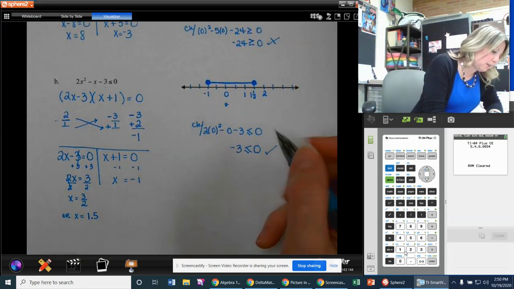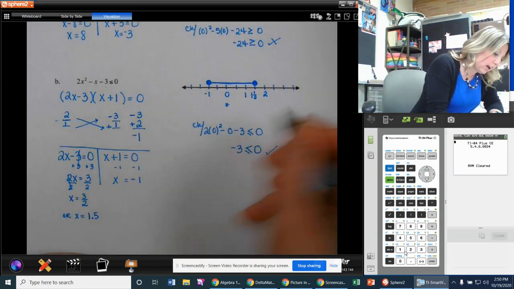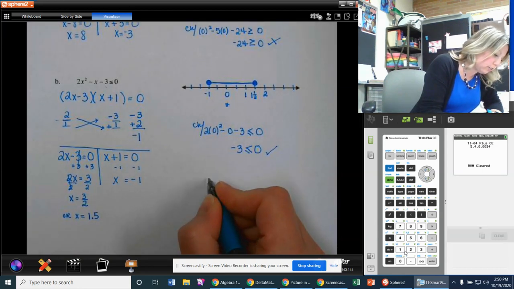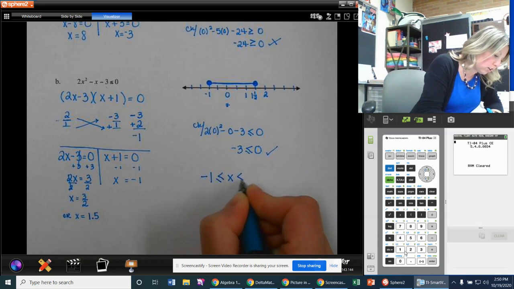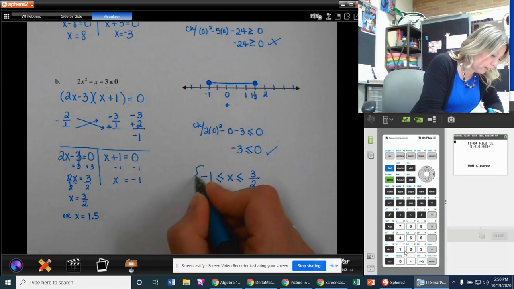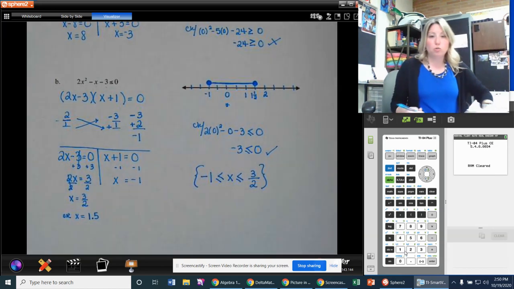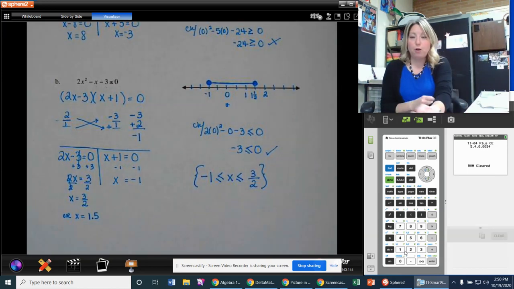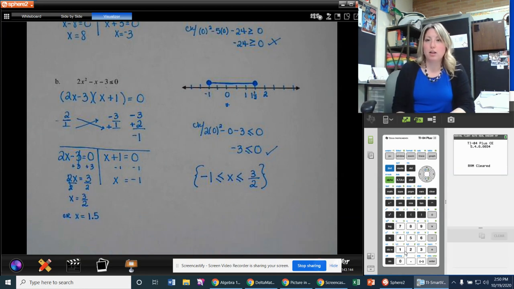Now I need to state my final inequality, and I always state these as a between inequality. I'll do it down here. -1 is less than or equal to x, which is less than or equal to 3/2 or 1.5, whichever value representation you want to put there. I prefer that fraction, so I'm going to put the 3/2, right? 1.5 works just as well.